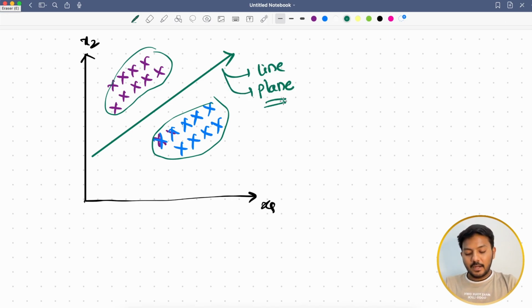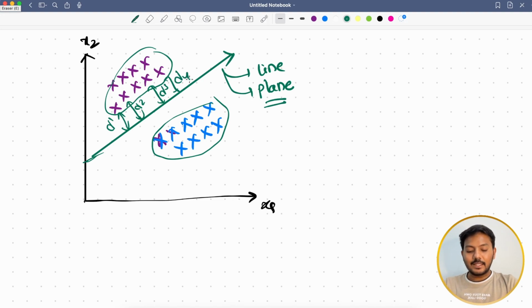Clear? And how am I going to find the optimal position of this plane? In that scenario, I want to calculate the distance of every point from this plane. Let's say d1, d2, d3, d4.